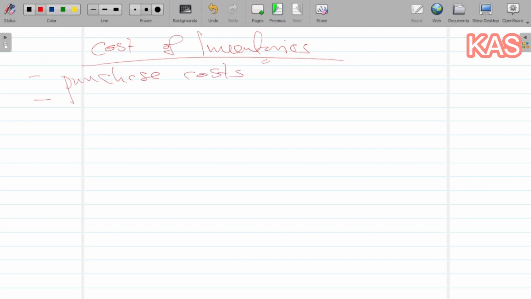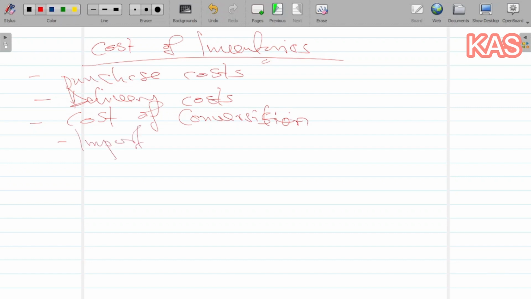Secondly, we have delivery costs. Thirdly, we have cost of conversion. Then we have import duties in case of importation.